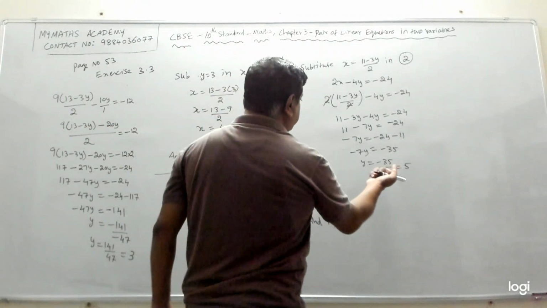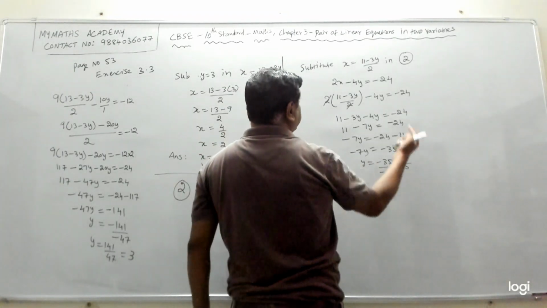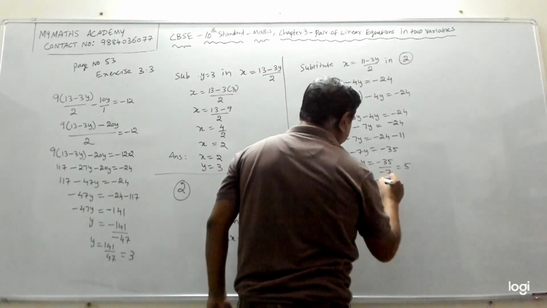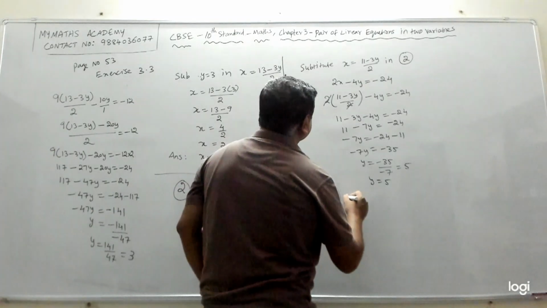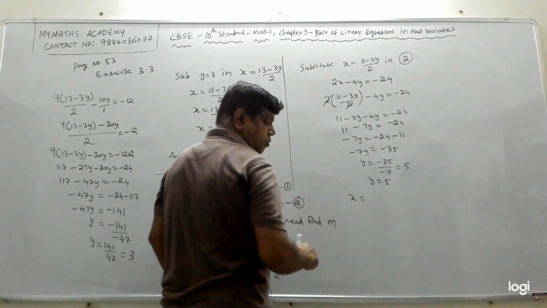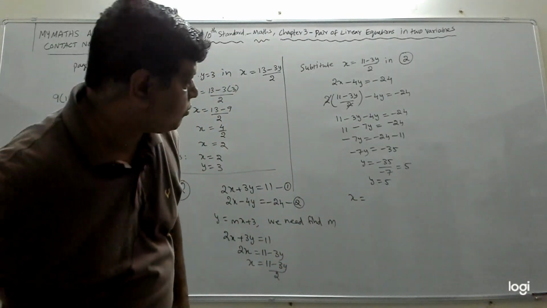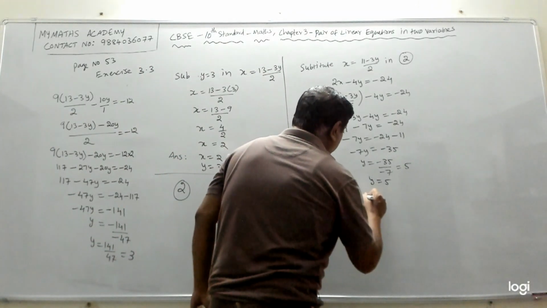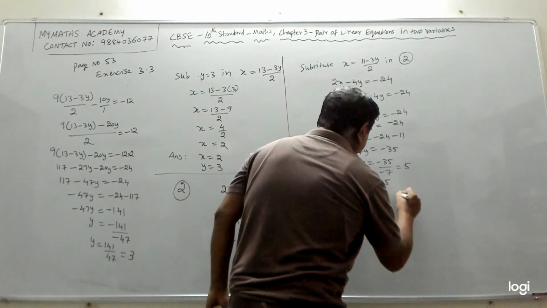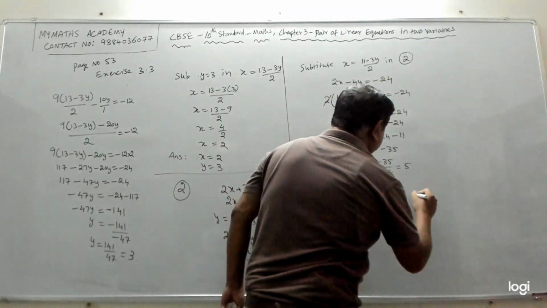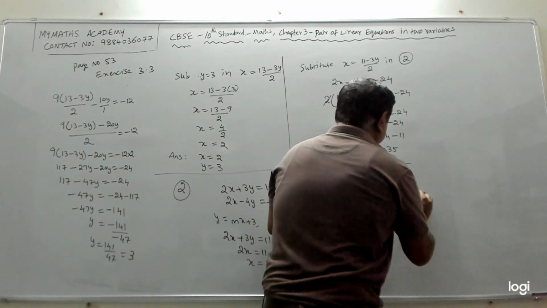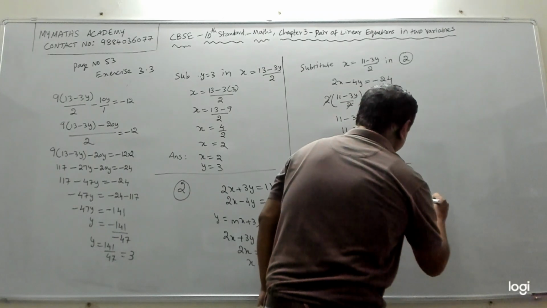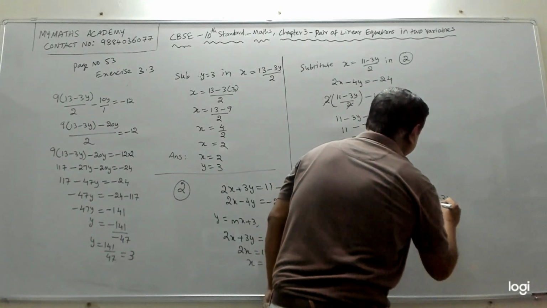For that we will substitute the value of y is equal to 5 in x is equal to 11 minus 3y by 2.